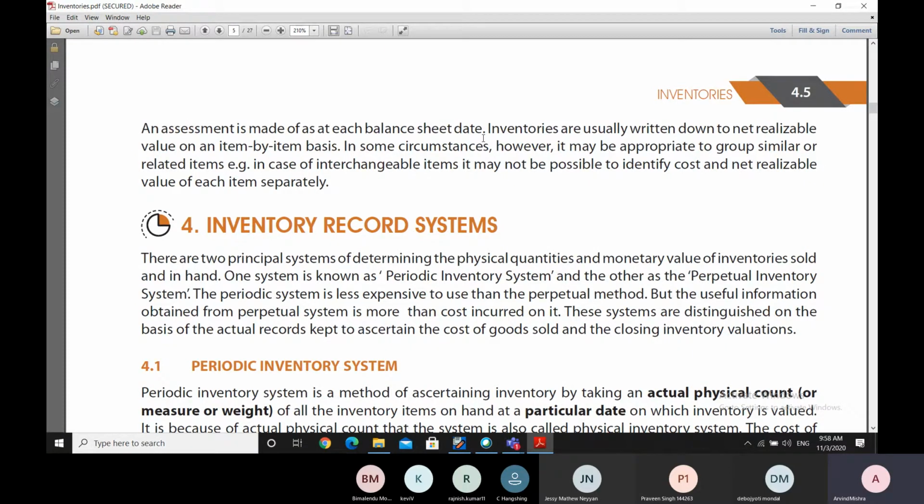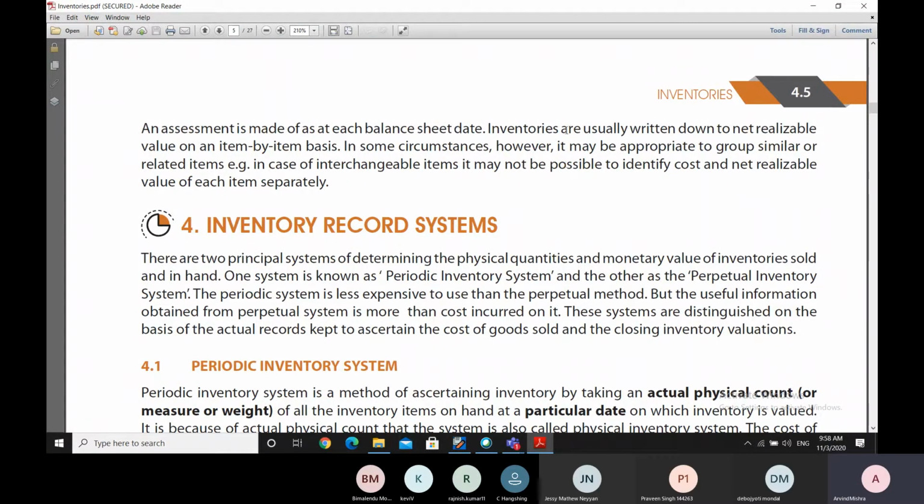Because the valuation may be done, the quantity or the measurement may be done even after the balance sheet date. The assessment of the inventory valuation has to be done for the balance sheet date for which the balance sheet is to be made. We should not do the valuation for a subsequent date or a date before the balance sheet date. Therefore, we have to estimate the valuation for the balance sheet date.